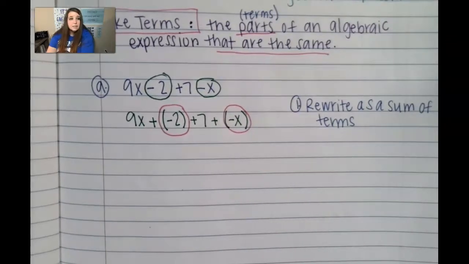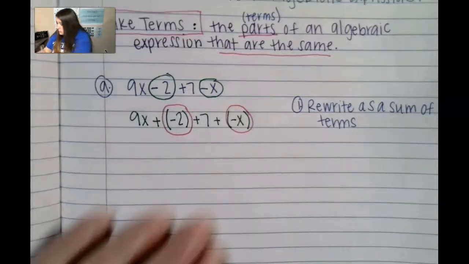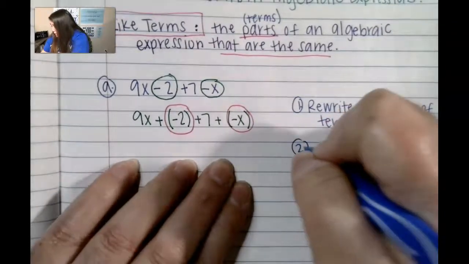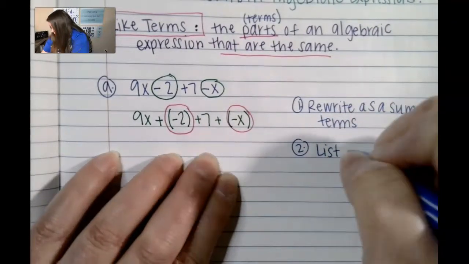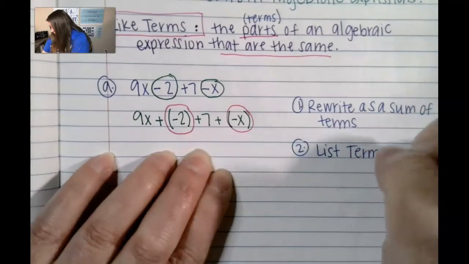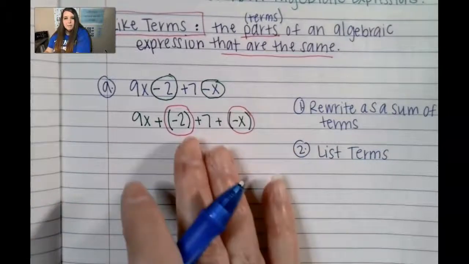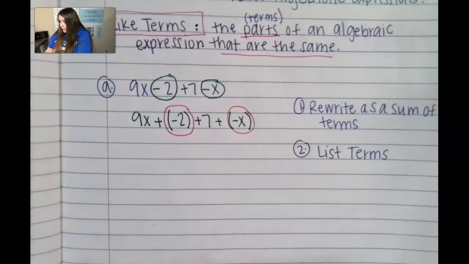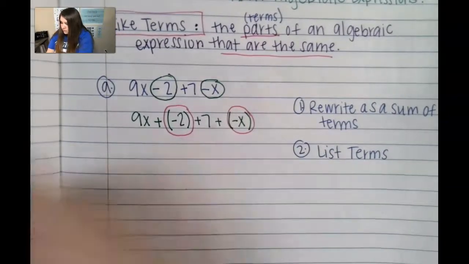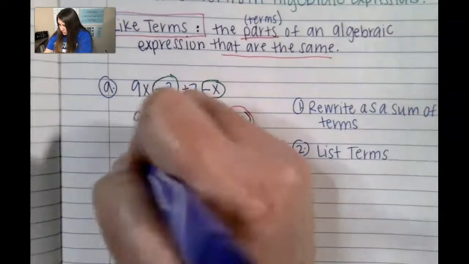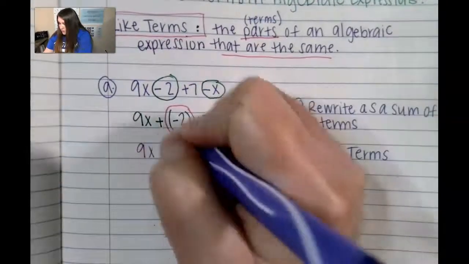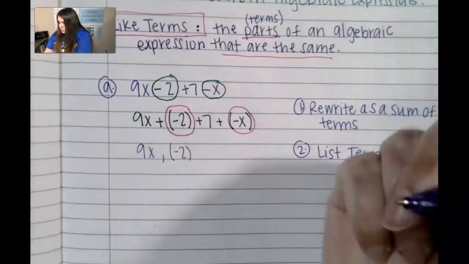Okay, our next step now is to find the terms. So now we're going to list out the terms. So step 2, we're going to list the terms. In order to make up this sentence or to make up this expression, I need a 9x. I also need a -2.